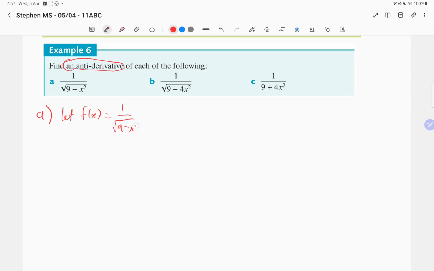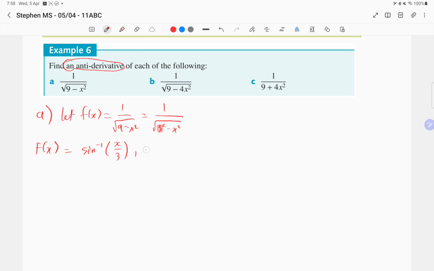Then big F of x would be, if you want to, you can convert that to the squared version so it's a bit easier to see. That is 1 over square root, so that will be inverse sine of, and there is an a value, so that would just be x over 3.